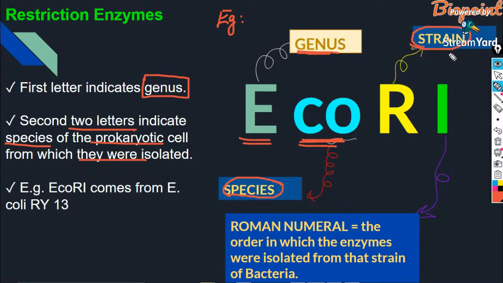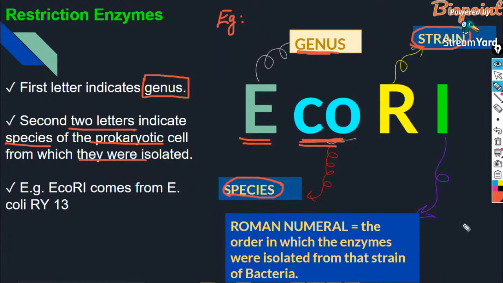You might have learned about different strains of bacteria. It can be a wild strain, a gram positive strain, a gram negative strain. There are different strains of bacteria which you will study in detail in your higher classes. So R stands for the strain of the bacteria, and Roman numeral 1 stands for the particular order in which the enzyme was found.